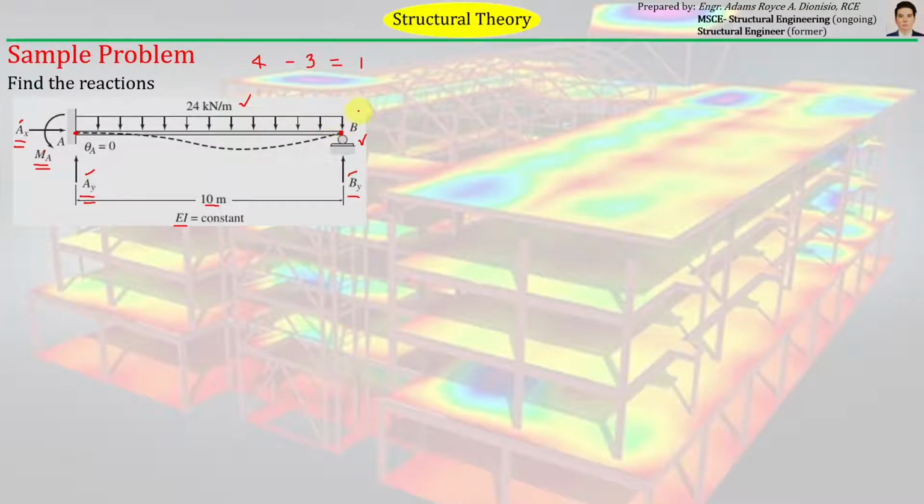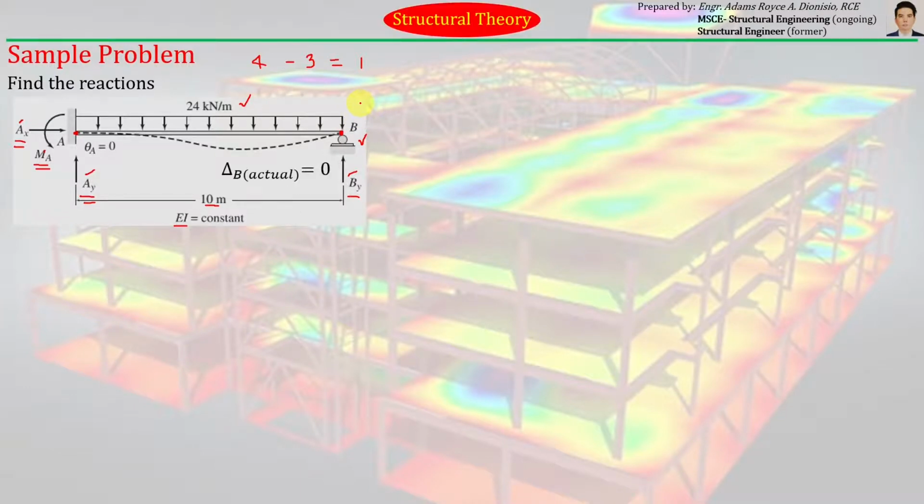So by the concept of method of consistent deformation, as I've mentioned before, the response of the original given structure is just equal to the response of a primary structure and a structure loaded by the redundant. As you can see here, at joint B, the vertical deflection of joint B is actually zero.